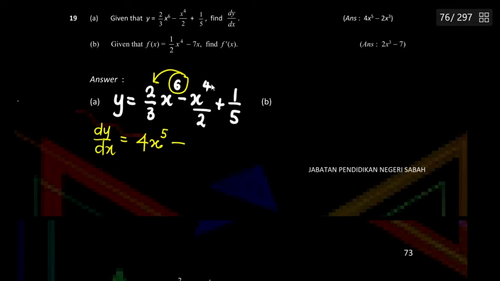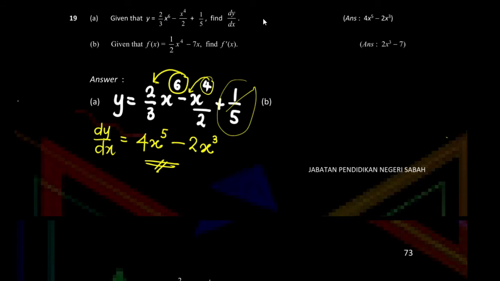Minus here, what will happen to the 4? The 4 will come in front. So 4 divided by 2 will be 2x, and then the power will become minus 1, right? So 3. And here 1 over 5, got any x? Nothing. So this one is 0, no need to differentiate. So that's all. This one is quite easy.